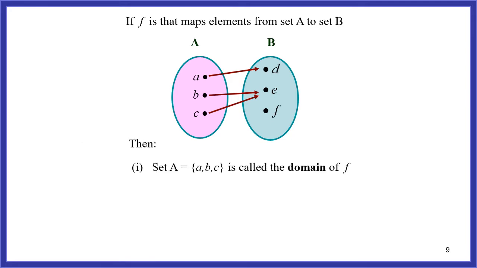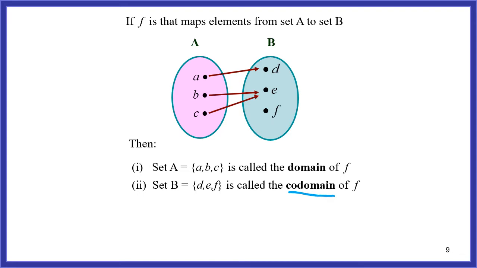For this one, set A equal to A, B, C is called the domain of F. Every element in set A is called the domain, and every domain here has its own image. In set B, we have the elements D, E, F. Every element in set B, we call the codomain.